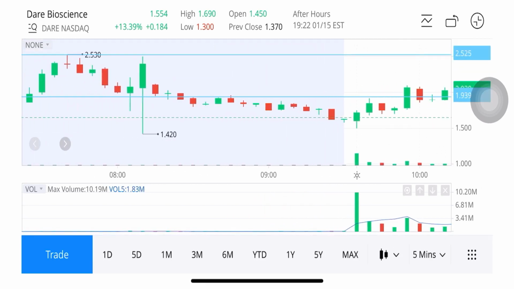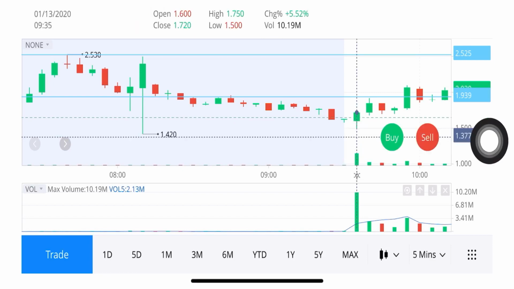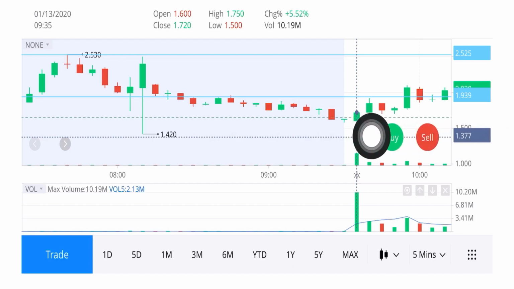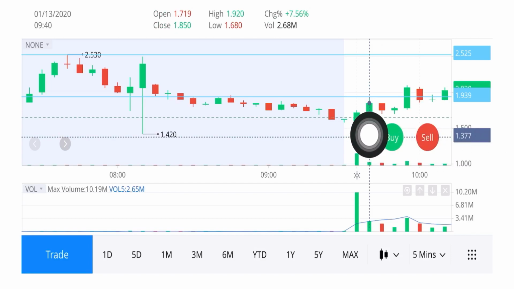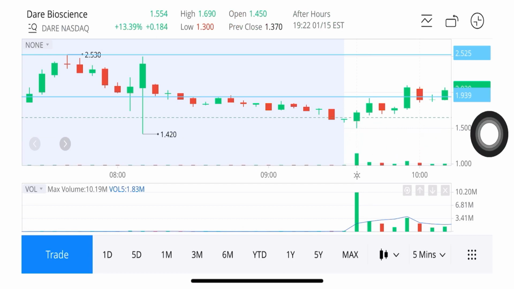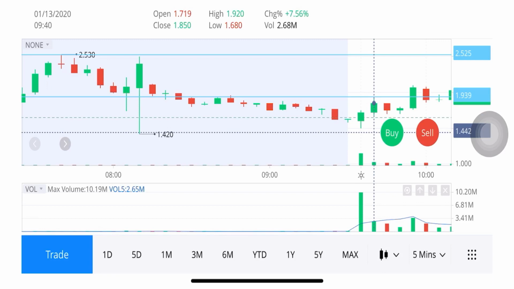Over here you saw it jump. Let's even assume that you entered at $1.75. On the very next candle, you would have the opportunity to sell at $1.92. So that's close to 20 cents right there, and that's an easy win.